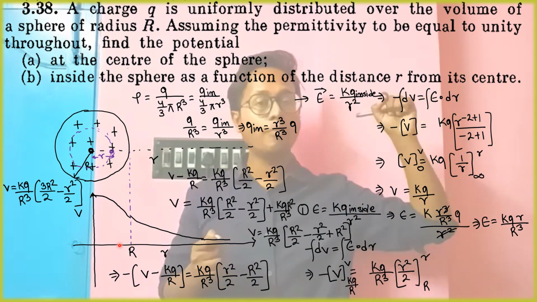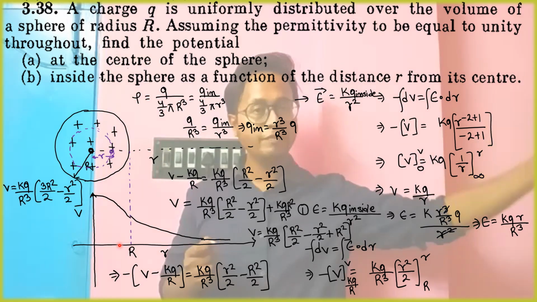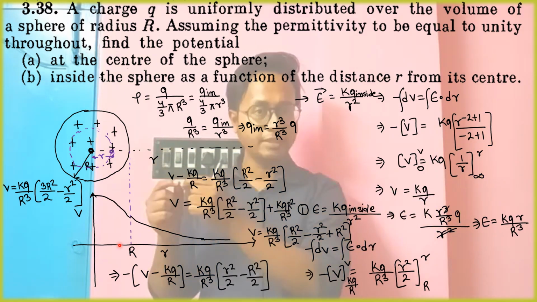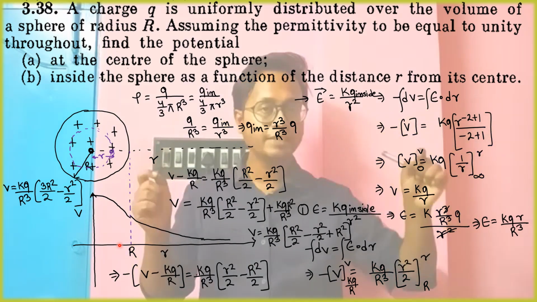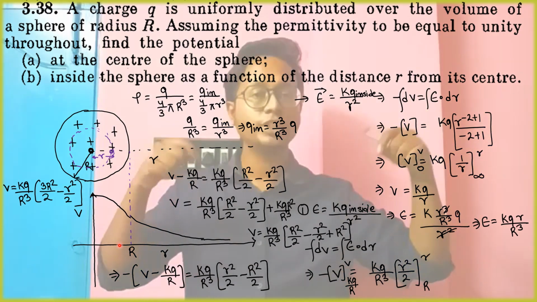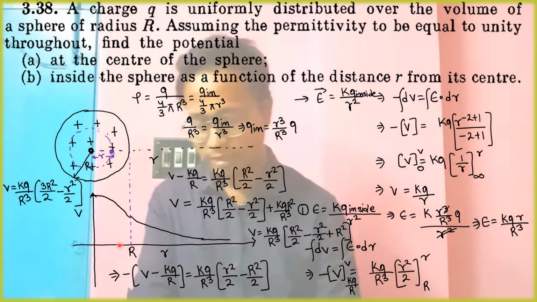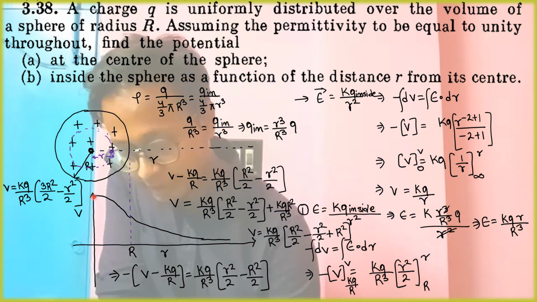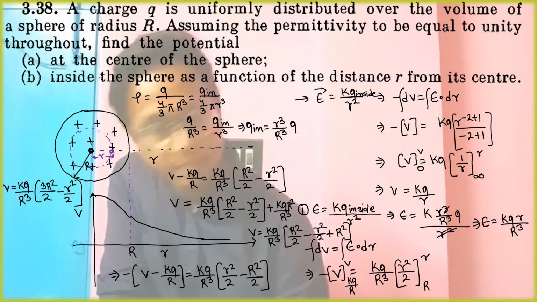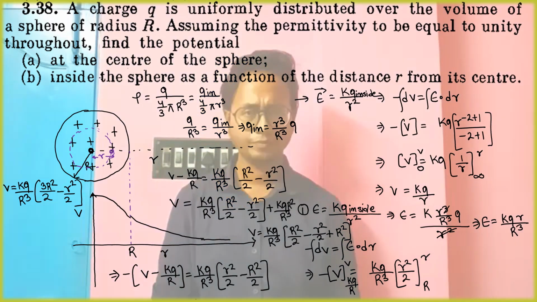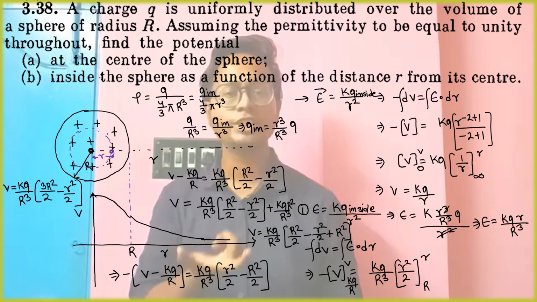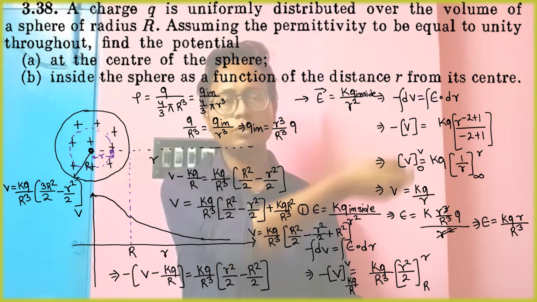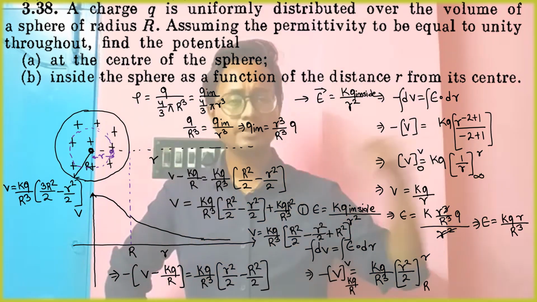So if you bring a positive charge from infinity to the center, the work done by electrostatic force is negative, so the potential energy would be positive, and the potential energy at center is given by this value. Understood? Potential energy of positive 1 coulomb is known as potential. Force on positive 1 coulomb is known as electric field.